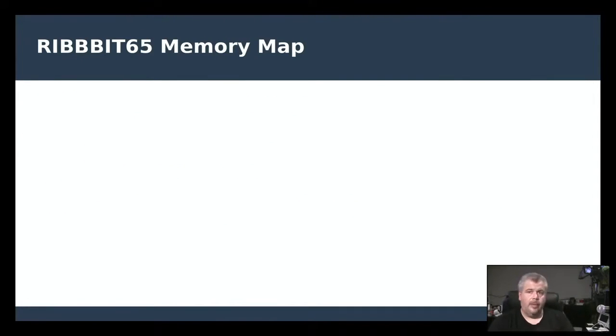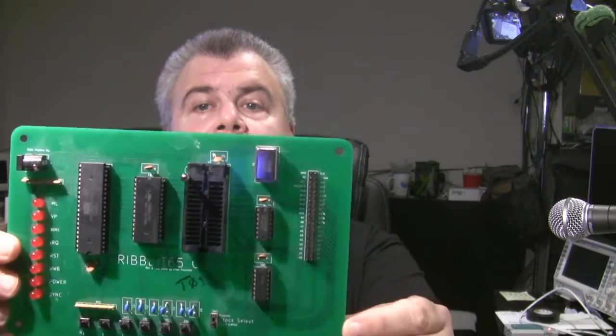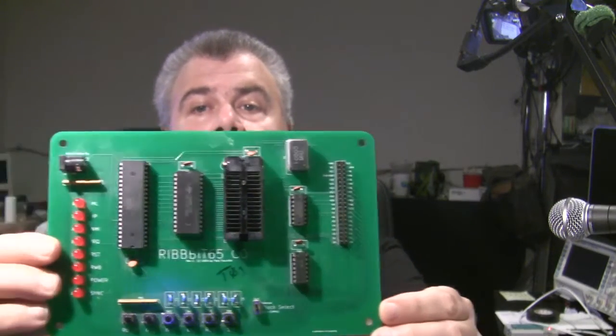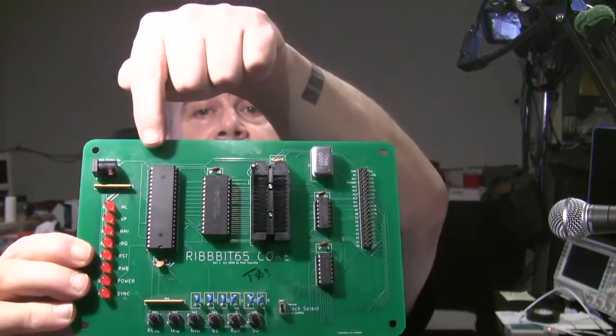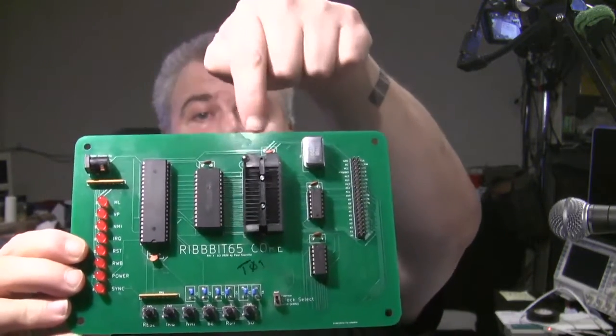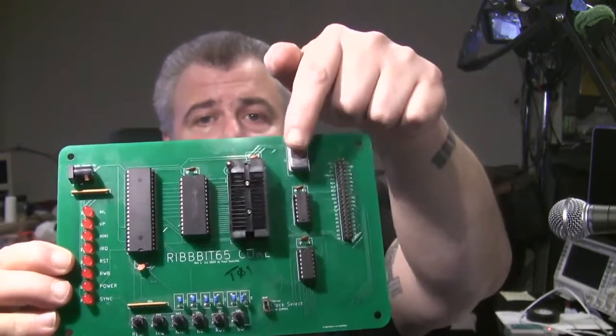And what I'm going to do is grab my RIBBIT65 and show it to you. So this is the RIBBIT65. There's the CPU, the RAM, a ZIF socket for the ROM, clock oscillator.